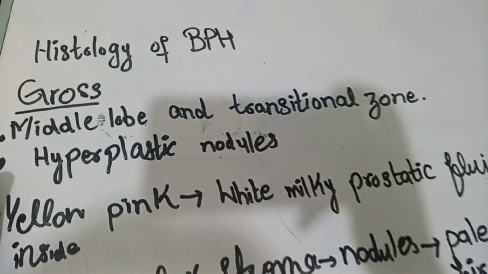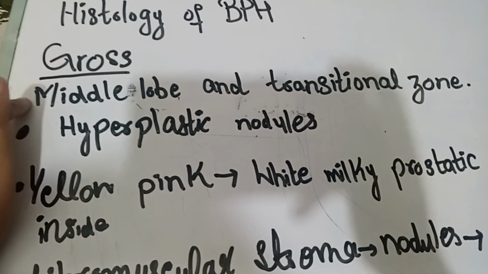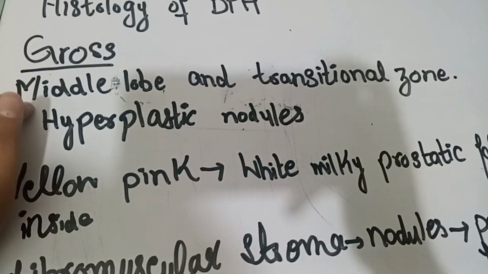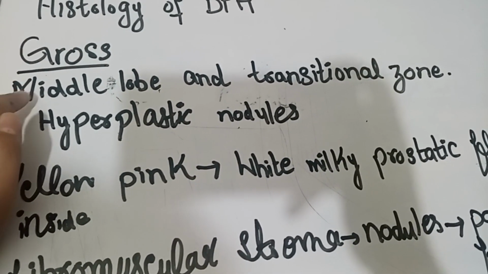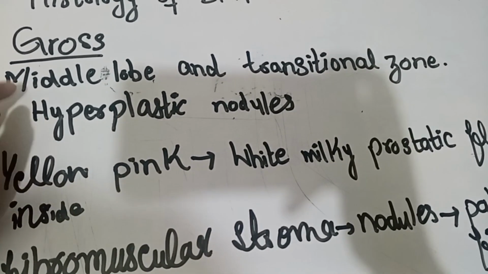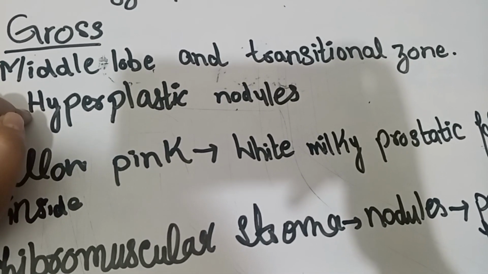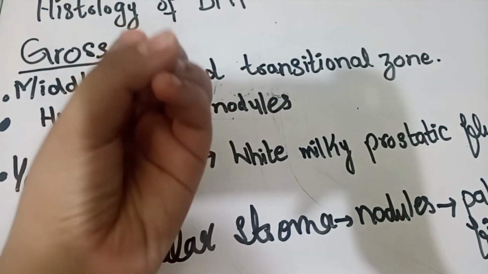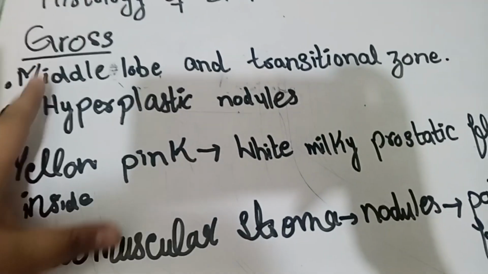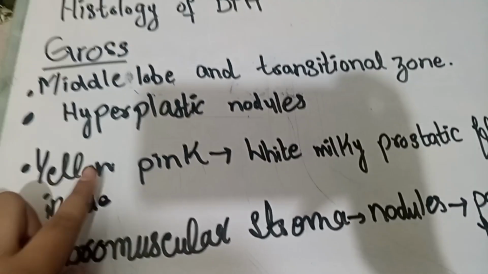If we look at the histology of BPH, we see the growth. BPH basically involves the middle lobe and the transitional zone, and we see many hyperplastic nodules. In the growth of the prostate, we see nodule formation.